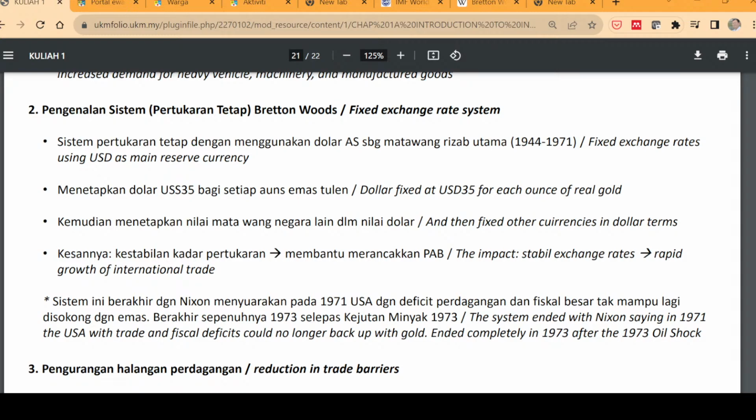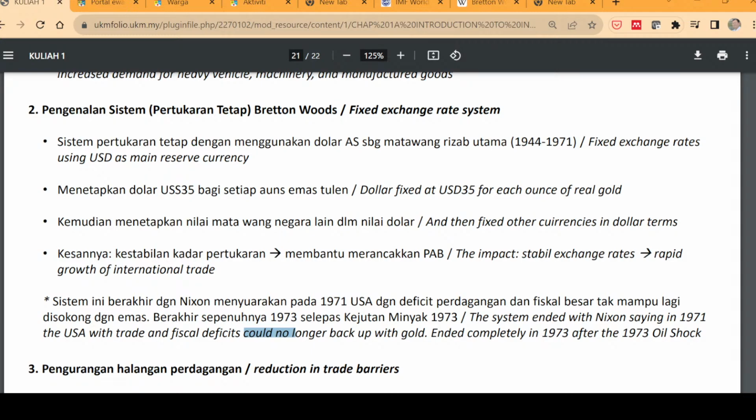President Nixon of the United States was saying in 1971 that the US could no longer back up the money that the US owed to other countries. It cannot back up that money with real gold anymore. Why? Trade deficit.